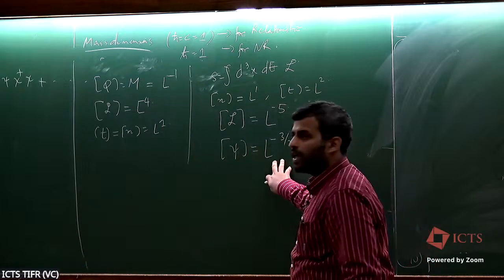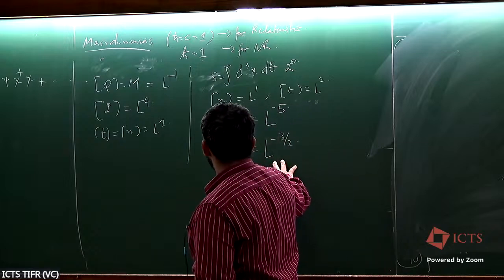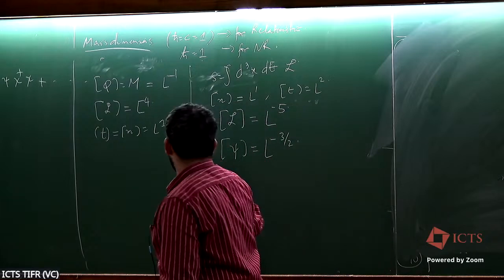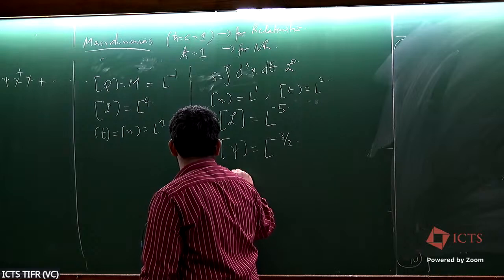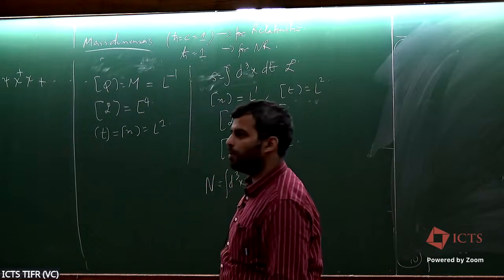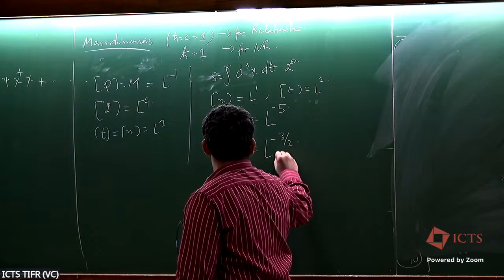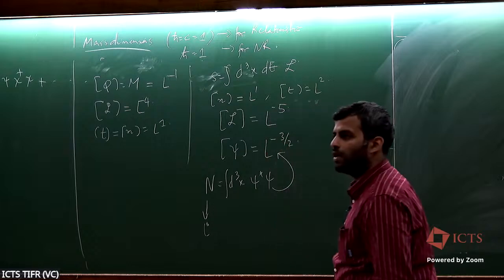So the psi scaling is L raised to minus 3/2. This is also consistent with the fact that the number is the integral d3x psi star psi. The number has dimension L raised to 0, so psi again comes back to L raised to minus 3/2.